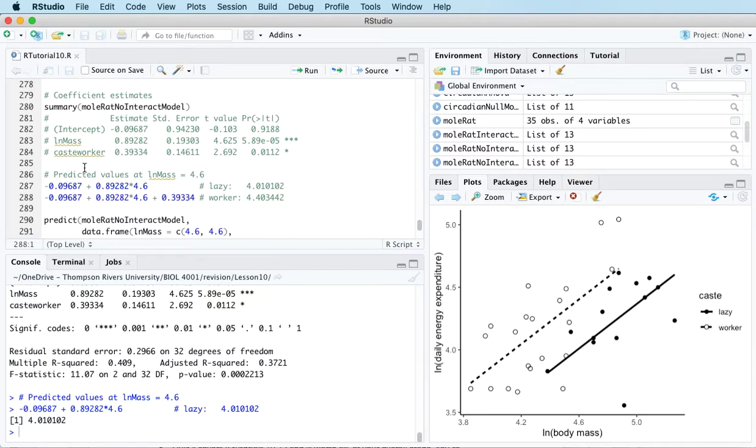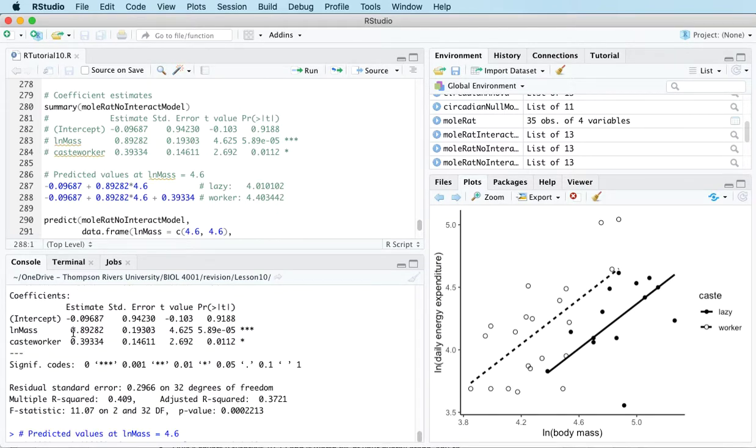And then for the workers, the working mole rats, we have intercept minus 0.09687 plus the slope times log mass, so plus 0.89282 times 4.6, and then we also need to add on the 0.39334, because this represents the difference between workers and lazy mole rats.